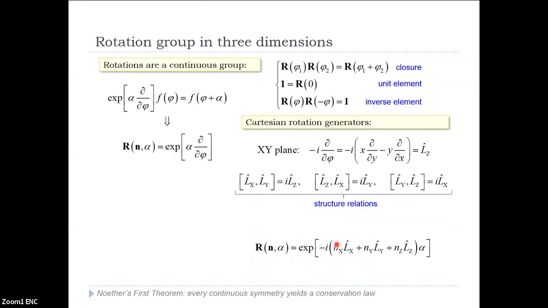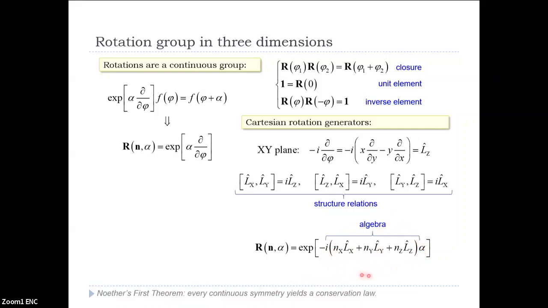So that is the x component of the direction and the x generator, the y component of the direction and the y generator, and finally the angle. So any rotation can be expressed as an angle and an axis. The axis is directed somehow, and there's a single angle. It's somewhat counterintuitive, but any rotation can be parameterized like that.